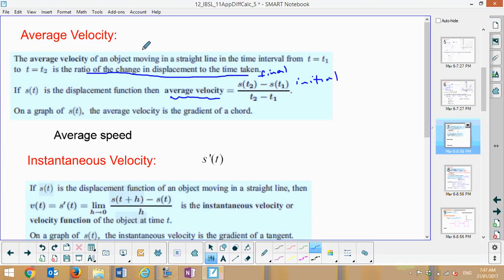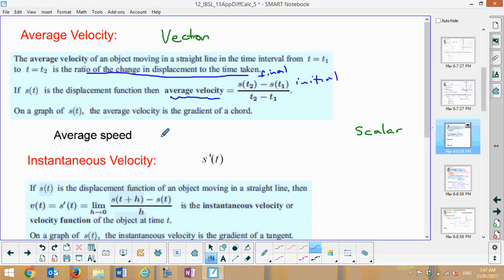If it's a velocity, we're talking a vector. So again, we're talking magnitude and direction. So this is a vector. Whereas if we're talking speed, we're talking a scalar, just magnitude.